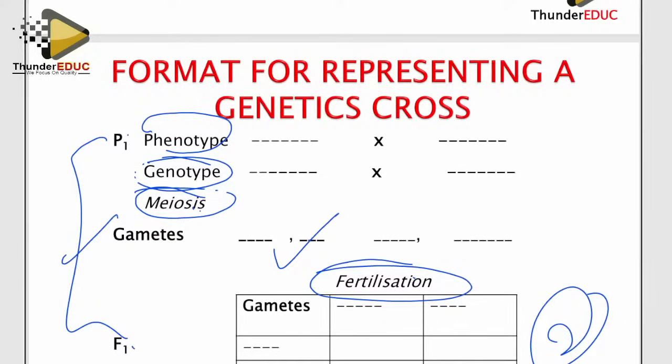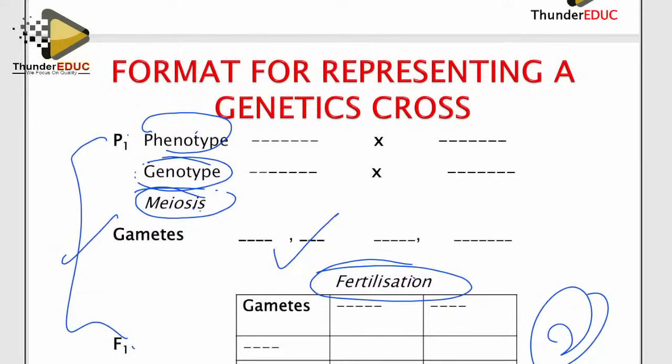If you see a genetic cross, yes, P1, F1. If it is second generation, then you say P2, F2. Is it clear? So phenotype, you get it from the question. They will say that Karabo who is anemic, married Joseph, who is normal.